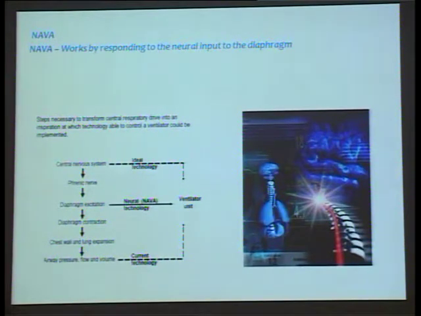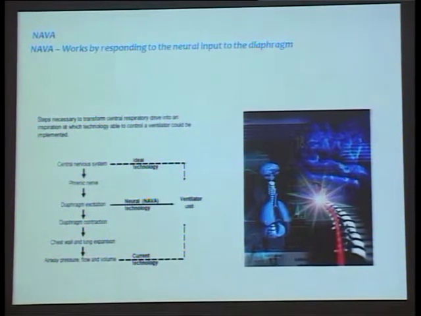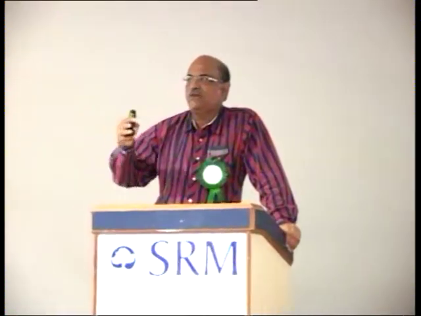The flow trigger is nothing but there will be a continuous flow in the patient circuits. If there is a reduction of flow, that will be identified by the machine, and then it will give support to the patient. This is another technology that we have been using. But the latest technology is that we detect the impulse from the brain.